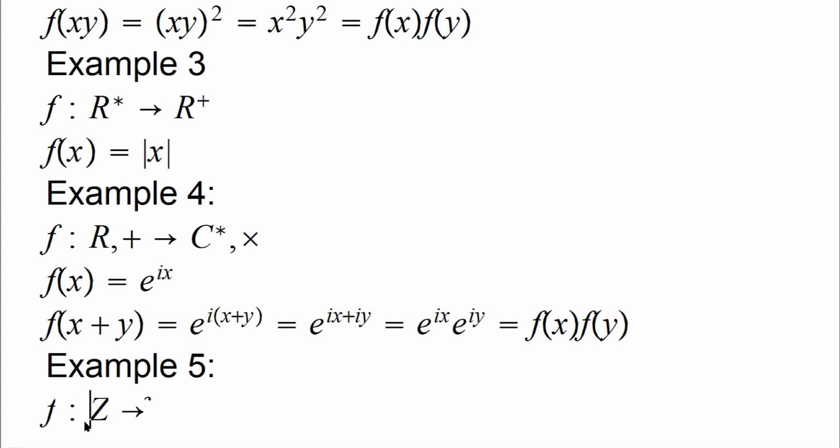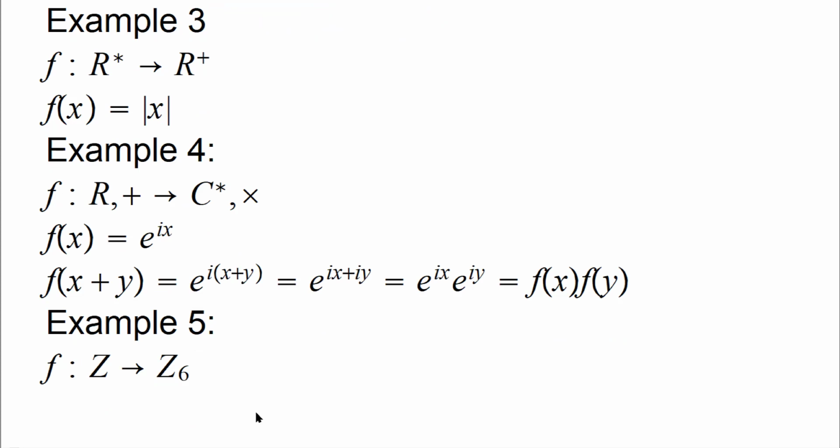And so we are going from, say, Z to Z_n. Let's take Z modulo. I can take any number. I'm just choosing to take 6. Okay. So what we shall do here is our map will go like that. f(x) goes to the value x mod 6.